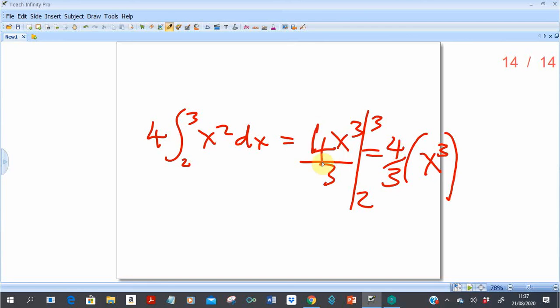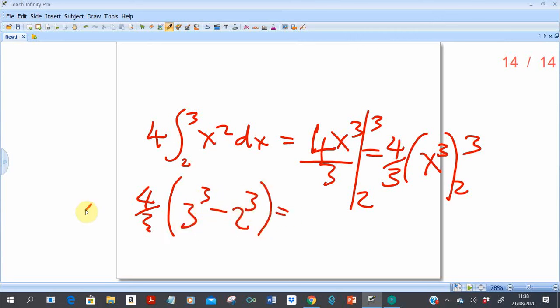So we have 4 over 3, not changing. When we put 3 there, we have 3 to the power 3, minus, when we put 2, 2 to the power 3. When we do everything, we have 76 over 3 square units.